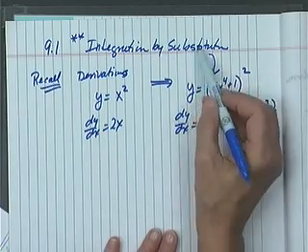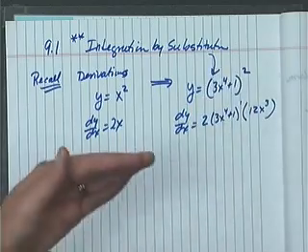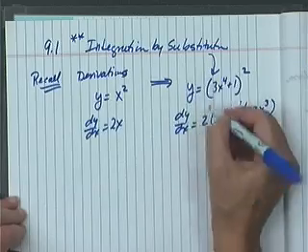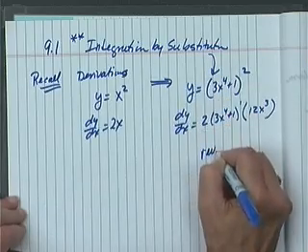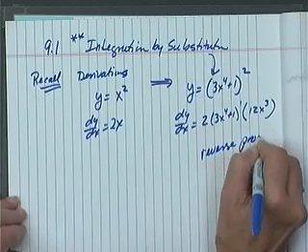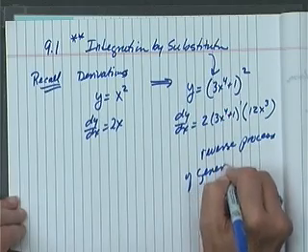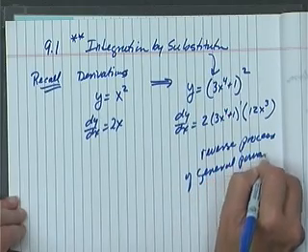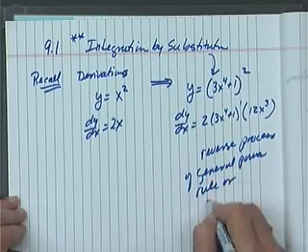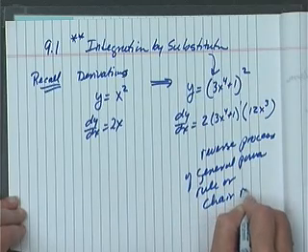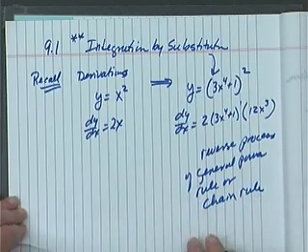So integration by substitution is a reverse process of our general power rule or chain rule.